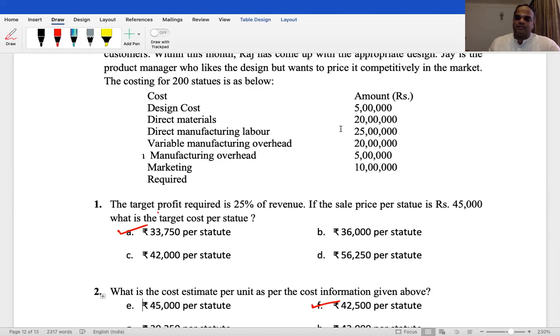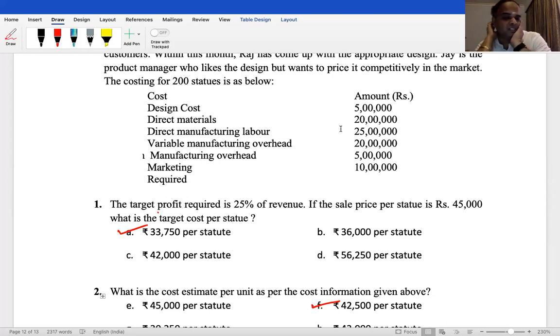How much? 85 lakhs minus 50% savings in labor, 60% savings in material. Comes to how much, Kanna? 12 lakh plus 12 lakh 50,000. Divided by number of units, 200.